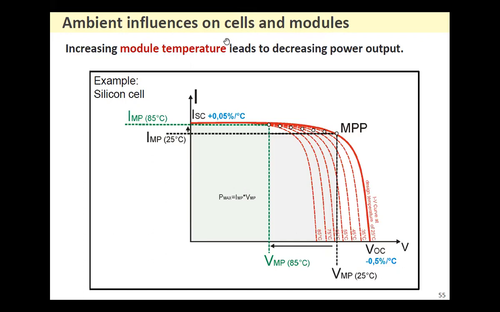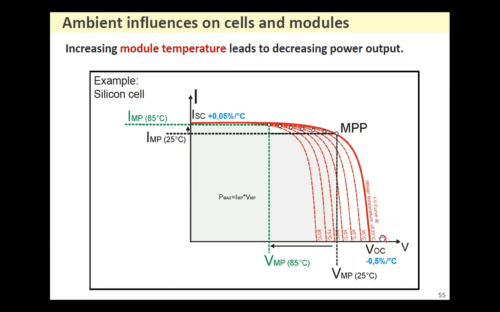So this is the effect of the temperature change. As I told you, 25 degrees Celsius is the ambient temperature for a PV cell or PV module to work. But if the temperature increases, what happens? The power which the panel is providing is decreased.